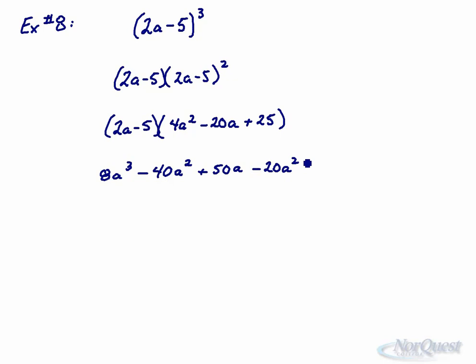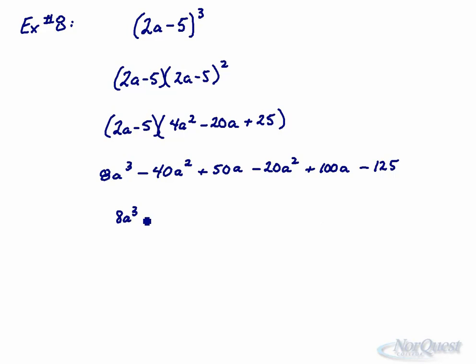Negative 5 times negative 20a will give us plus 100a. Negative 5 times 25, minus 125. Collect like terms. There's only 1 a cubed, so 8a cubed.